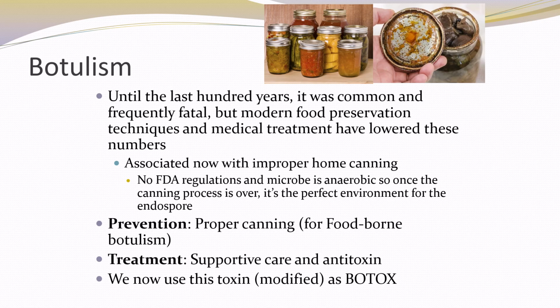Treatment is supportive care and an antitoxin. But interestingly, guys, we do use the botulism toxin for something that you probably have heard of, and that is microdosing of essentially like skincare, I guess.